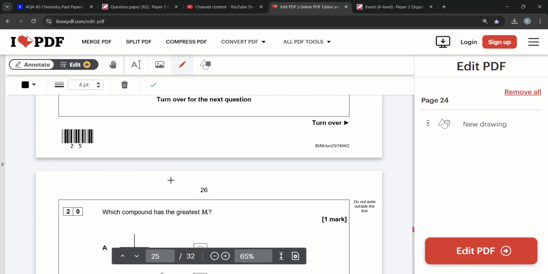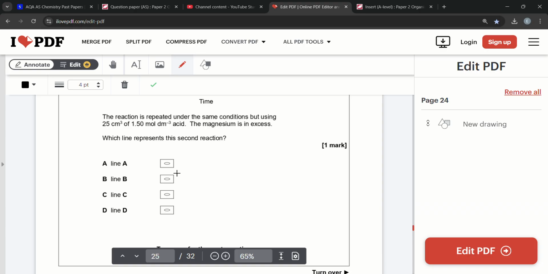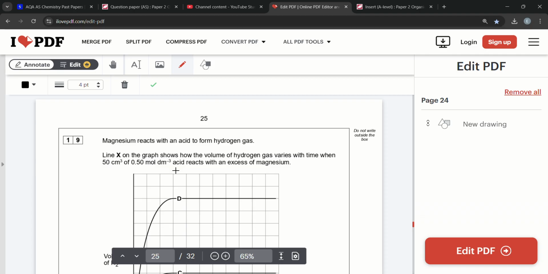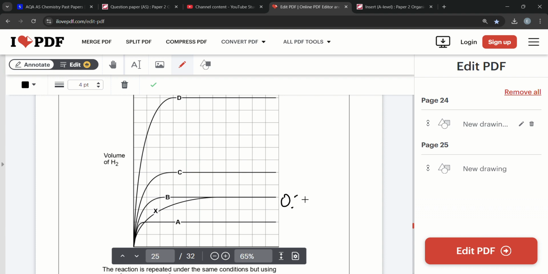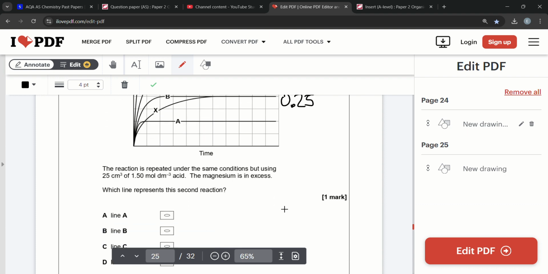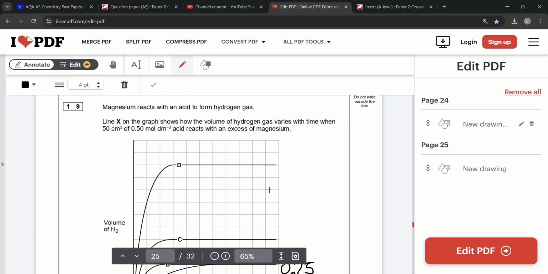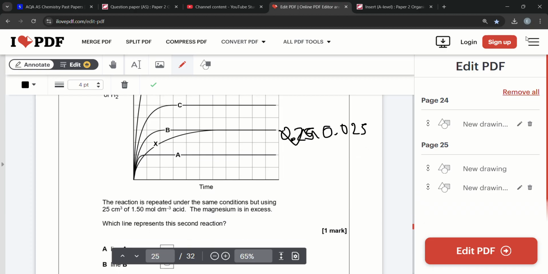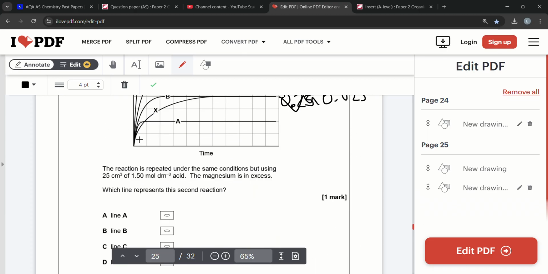Question 19. Find out the moles of this.